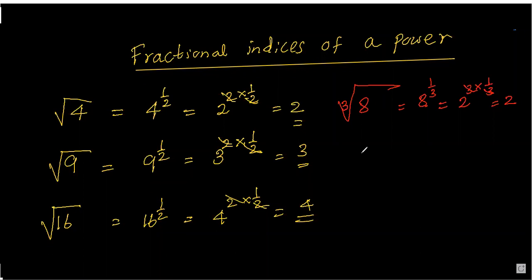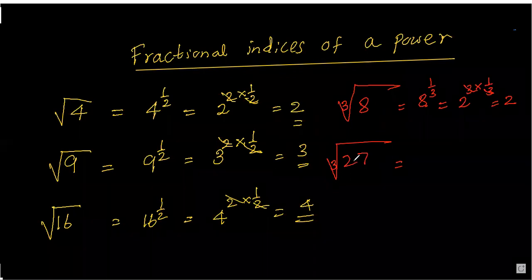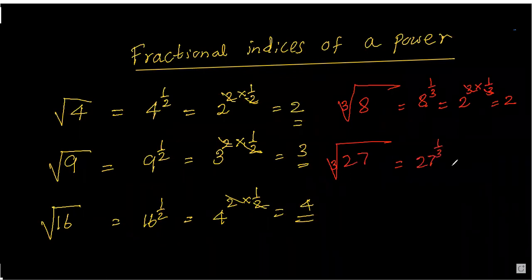Then 27. Let's find the cube root of 27. How can we write 27? As a cube root, 27 to the power 1/3. We can write 3 to the power 3, into 1/3. This one understood? 3 times 3, 9 times 3, 27.